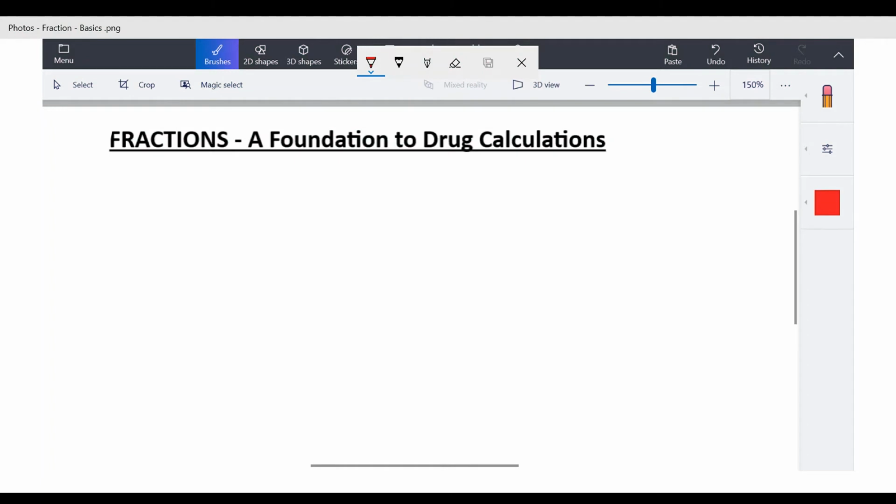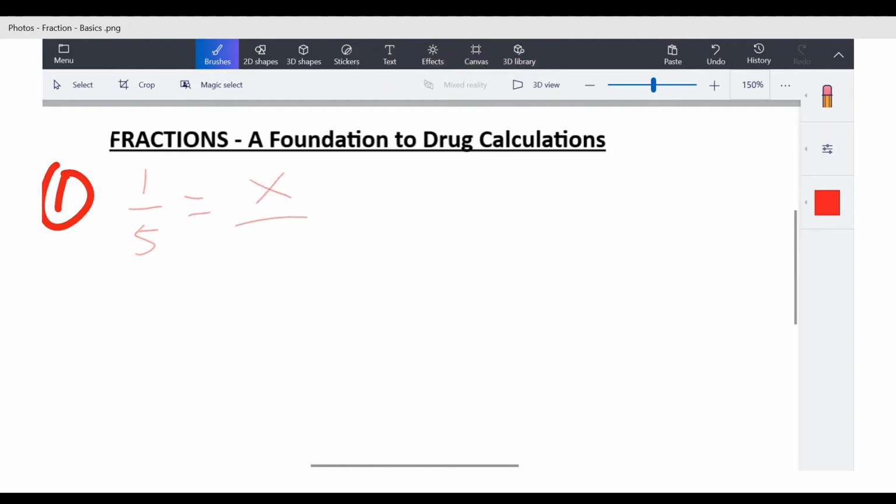So I'm going to be freelancing here. A fraction, as a lot of you will probably already know, is something like this. For example, we can say 1/5 equals x over 10.